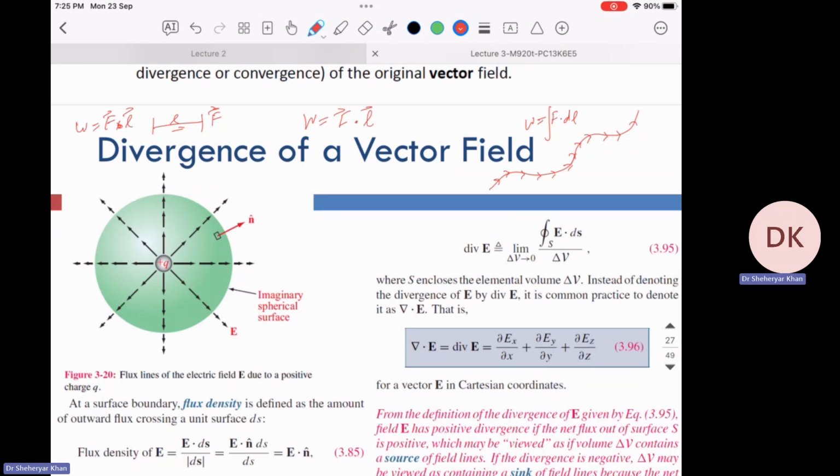Now F dot dl1, F dot dl2, F dot dl3, F dot dl4, sum up all. That's exactly what every integral in the universe is doing, right? So that's the formula, or that's the purpose of integration, right? Now, this is for the length integral, or more specifically, we call them line integral, right?